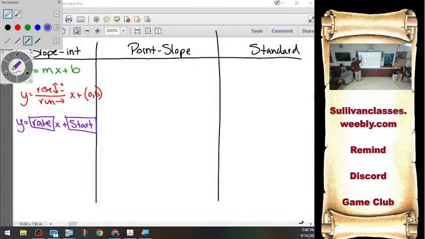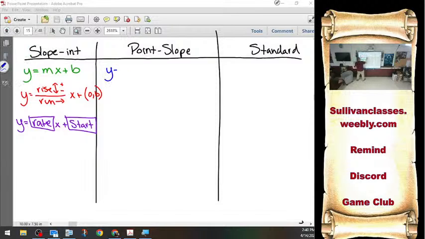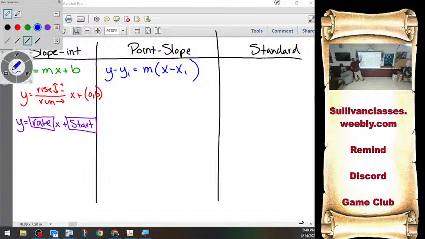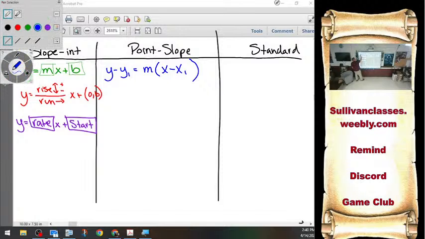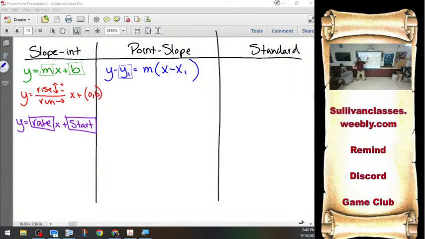Point-slope. What does that look like? There you go. Maybe it's important to put next to these that this and this will be numbers. That this and this will be numbers.